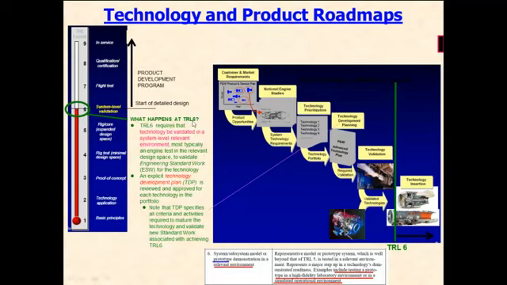Now let's look at what happens at TRL 6 a little bit from the perspective of Pratt & Whitney. It specifically requires that the technology be validated in a system-level relevant environment, as indicated here.